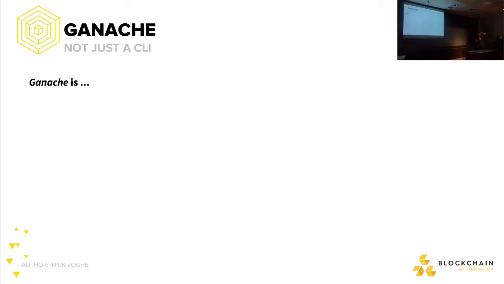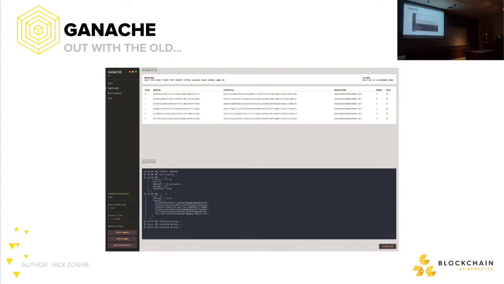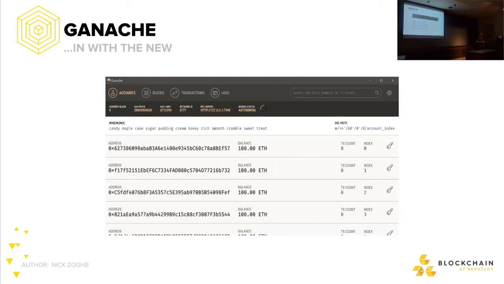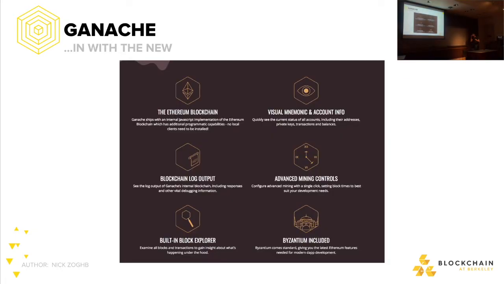But also the most important thing, for me at least, is that you can move blocks forwards and backwards, which is something you could not previously do on the predecessor tool, which was TestRPC. You could not test time. So if you had a betting contract, for example, where the oracle would check the bet after n days, you would not be able to fast forward the blockchain to account for that. But now you can. That's fantastic.